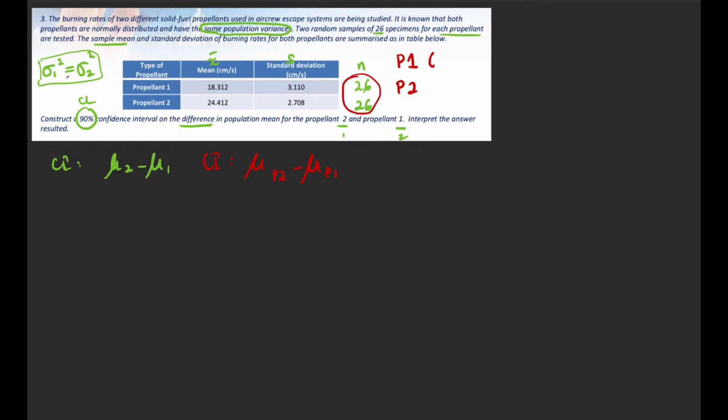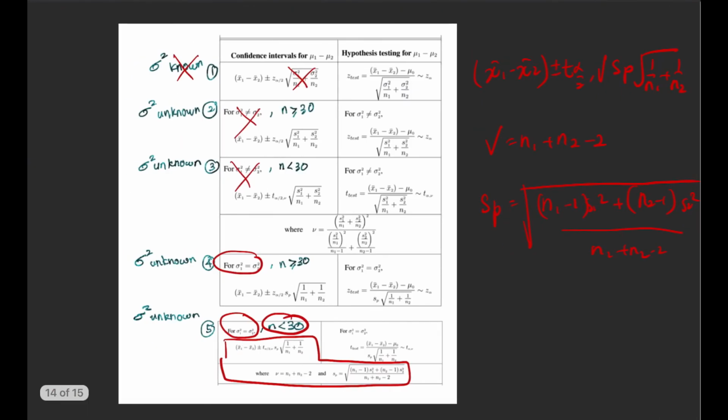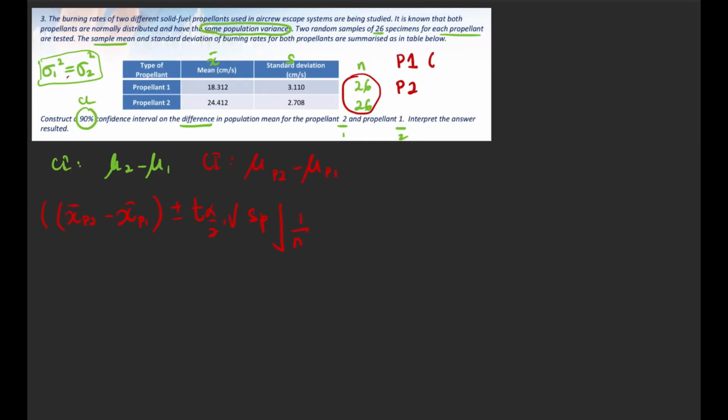Okay, so the formula is x bar propellant 2 minus x bar propellant 1 plus minus t alpha over 2, nu, sp times 1 over n propellant 2 plus 1 over n propellant 1. Okay, close it. So look at it one by one. We have x bar, we have the n. So we don't have t alpha over 2 nu, we don't have the sp.